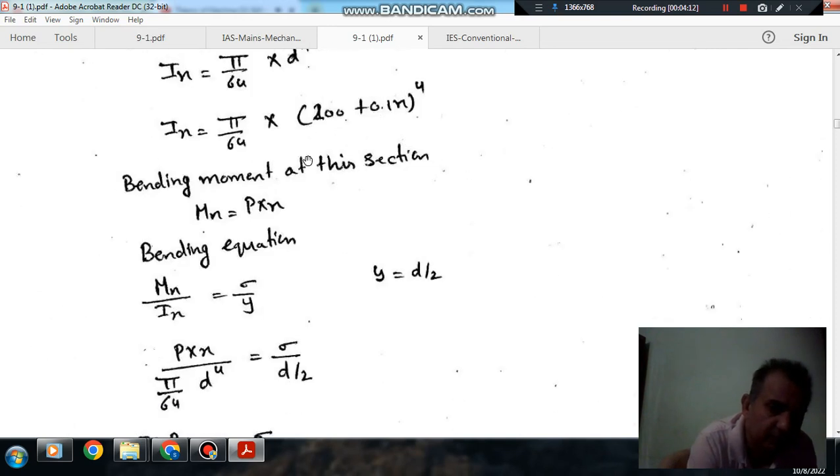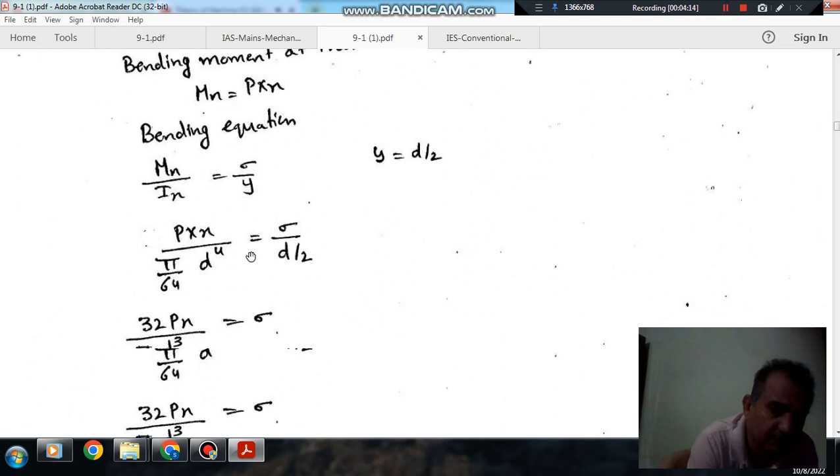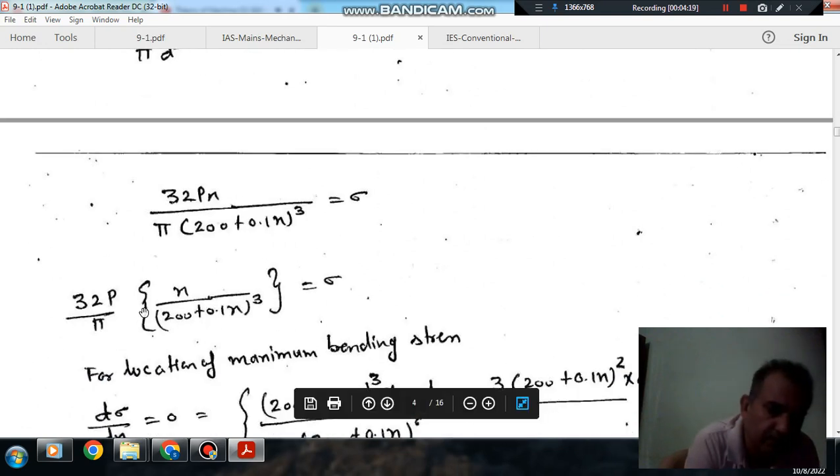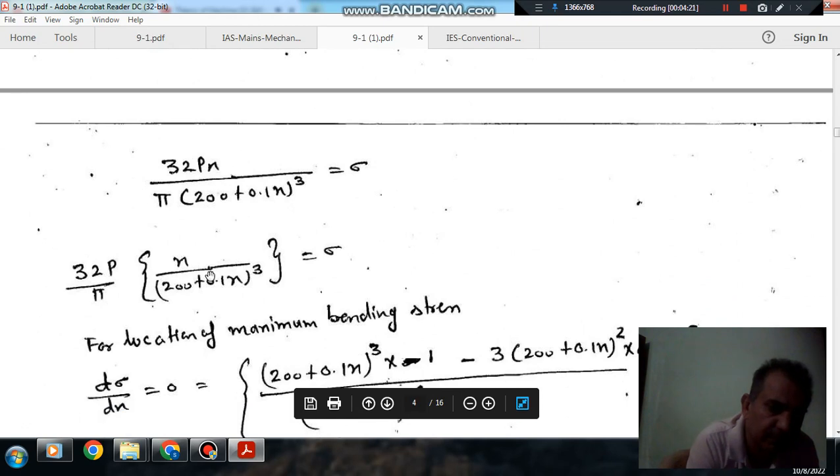Now we have found the general expression for sigma. So if we differentiate it with respect to x, we can find out the maxima point.